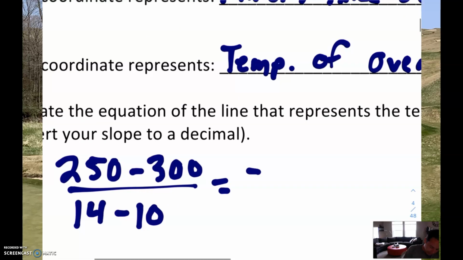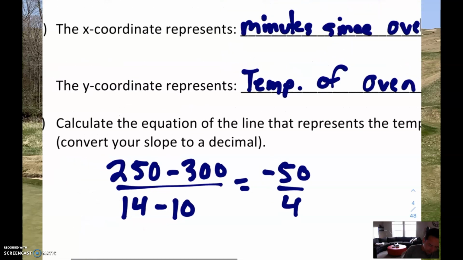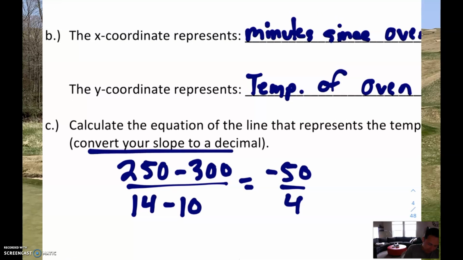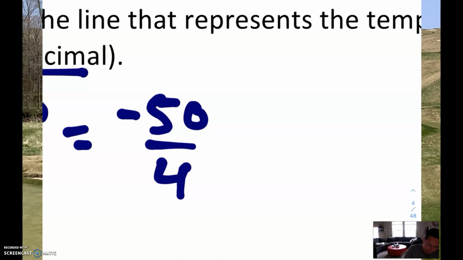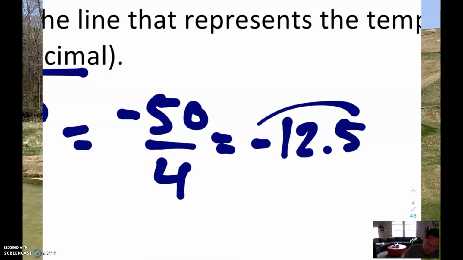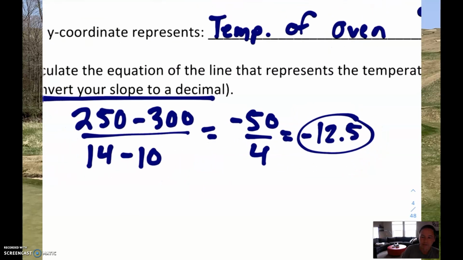And we get negative 50 over 4. This one specifies to convert your slope into a decimal. So I'm going to take negative 50 and divide it by 4, and we get negative 12.5. And that is my slope of this equation.